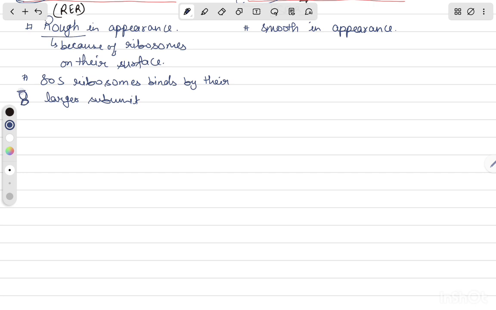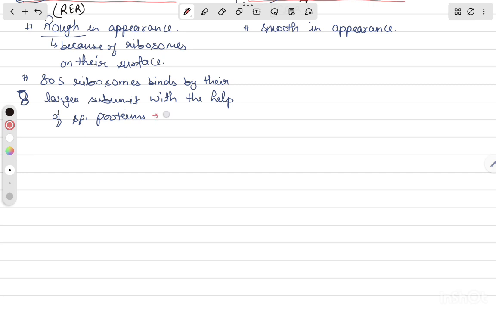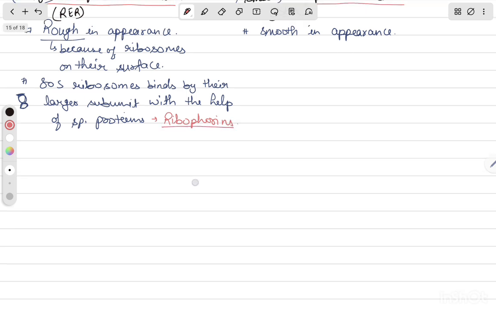Then the larger subunit binds to the surface of the endoplasmic reticulum with the help of special proteins, and these special proteins are ribophorin proteins. These ribophorin proteins are in two forms, ribophorin 1 and ribophorin 2.